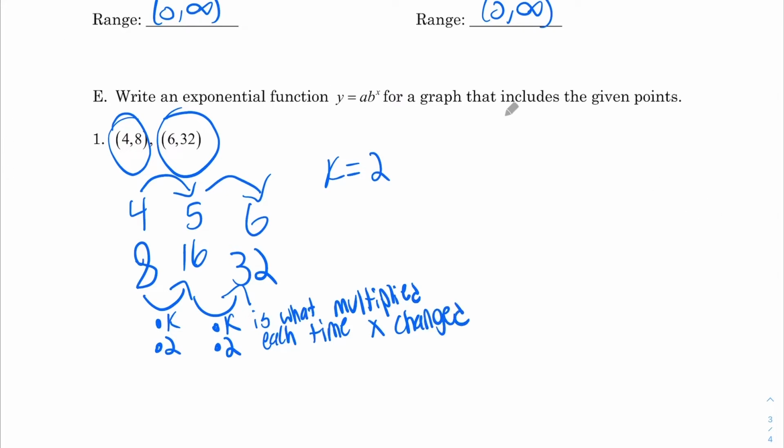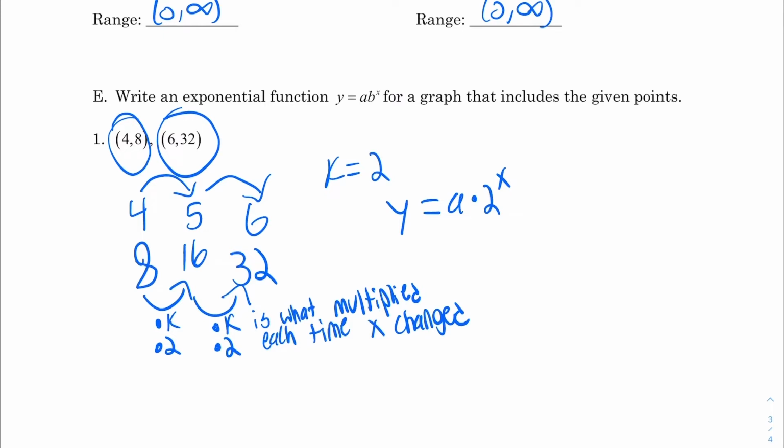And if you look at the formula, x is attached to b, so this k, which is the number that we multiplied by, we did times 2 and then we did times 2 again, that would mean that 2 was the base for the x. So we have y equals something times 2 to the power of x.